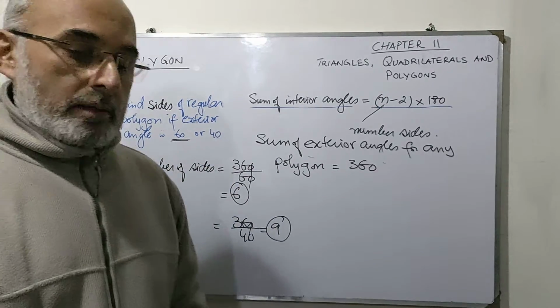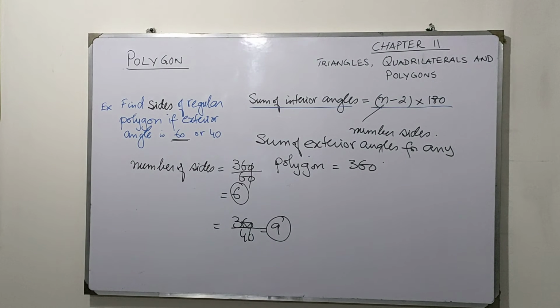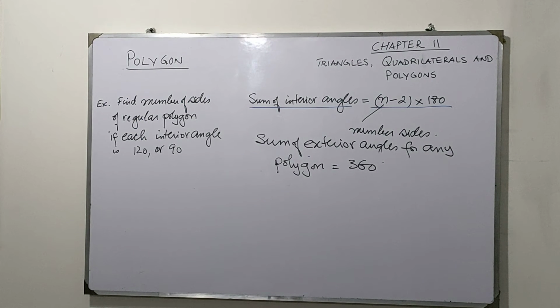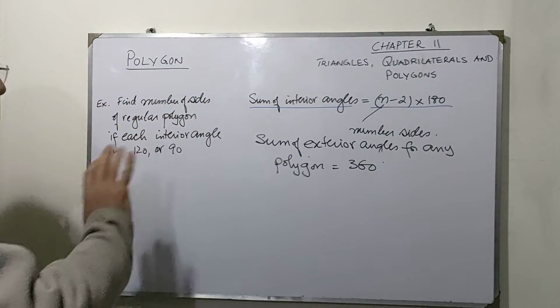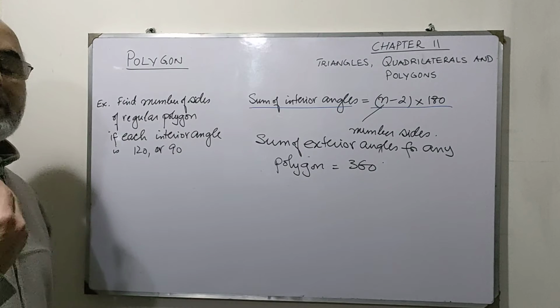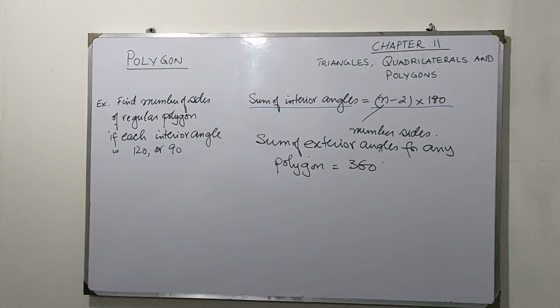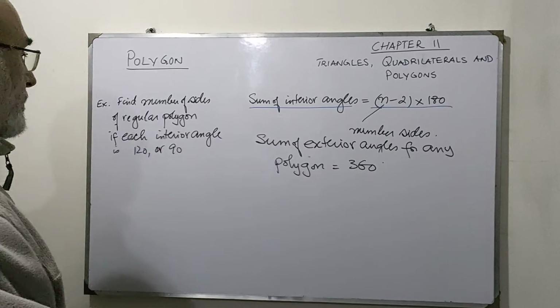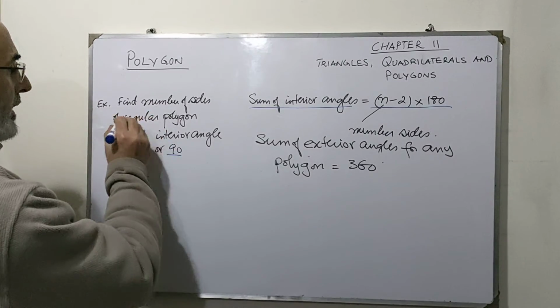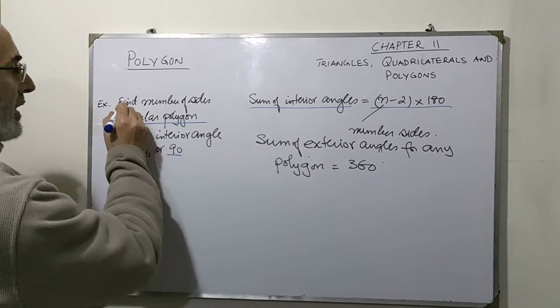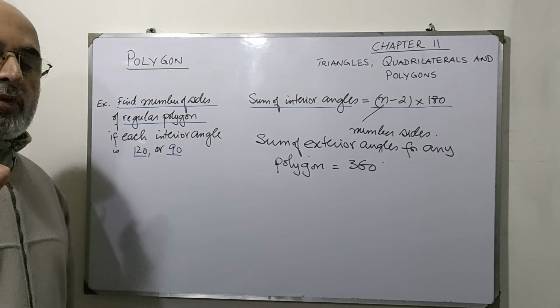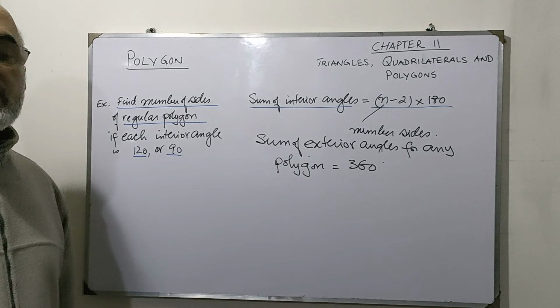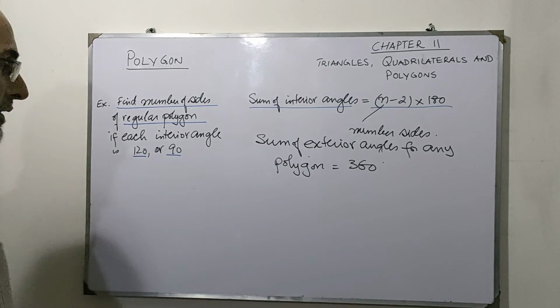Now let's take another example. Okay, we have to find the number of sides for the regular polygon. Now in this case we know the size of the interior angles, which is 120 or 90. Now we know that each and every vertex of the polygon has an interior angle and an exterior angle.